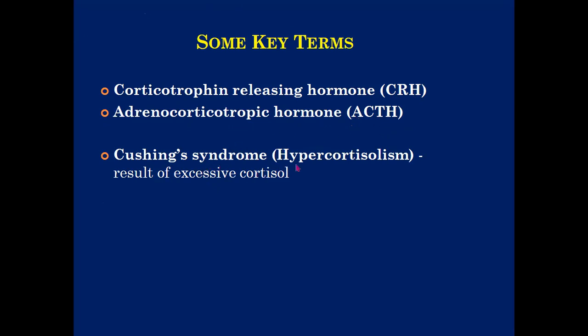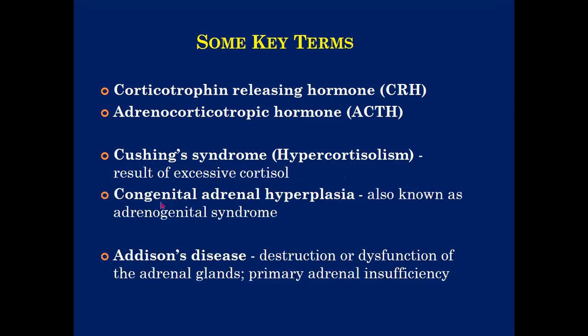Then Cushing syndrome, which is the nomenclature, but it is basically hypercortisolism, the result of excessive production of cortisol by the adrenal cortex. Then congenital adrenal hyperplasia, also known as the adrenogenital syndrome, and Addison's disease, destruction or dysfunction of the adrenal glands, primary adrenal insufficiency. But we'll focus on Cushing syndrome in the rest of the slides.